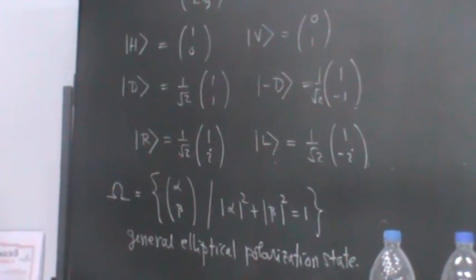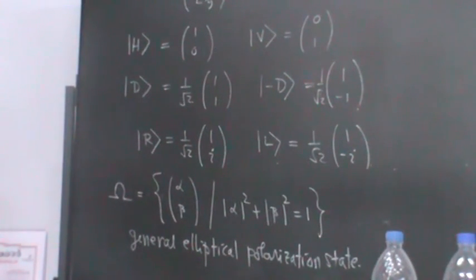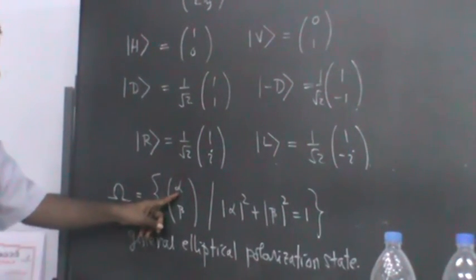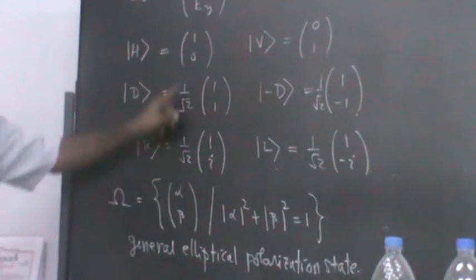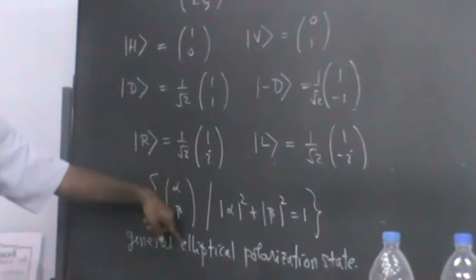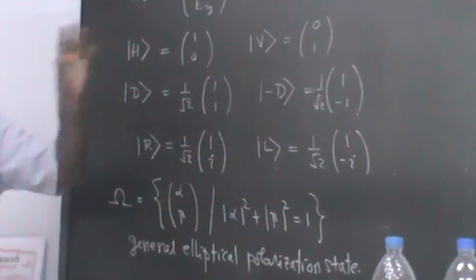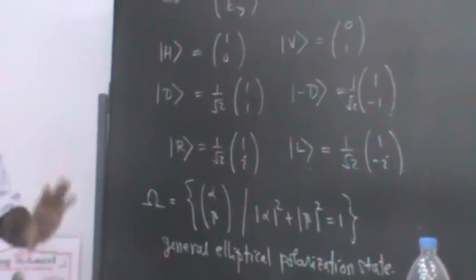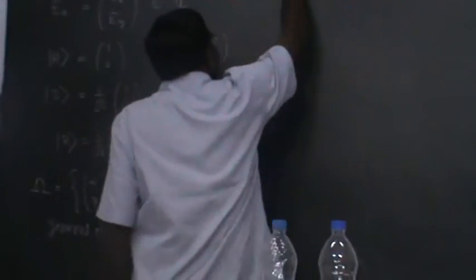A general elliptical polarization state can be written as alpha times horizontal plus beta times vertical. Correct? And I can have a very nice interpretation of this one if I write the general state.